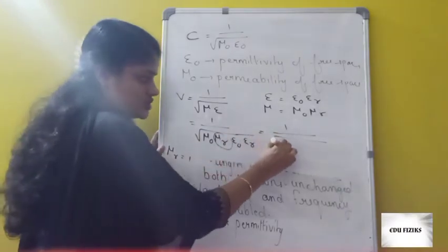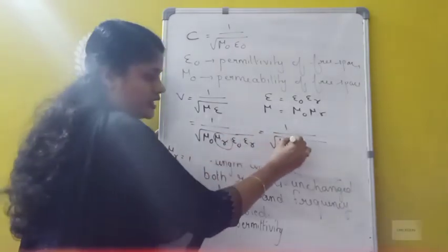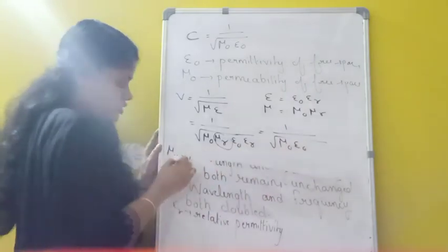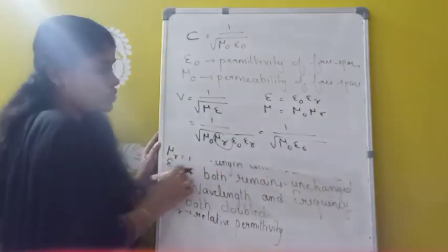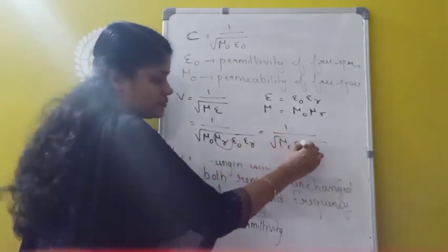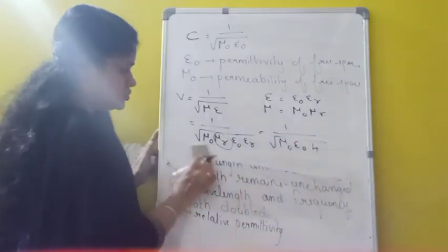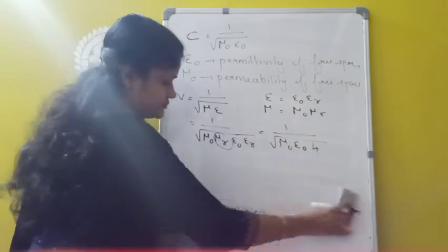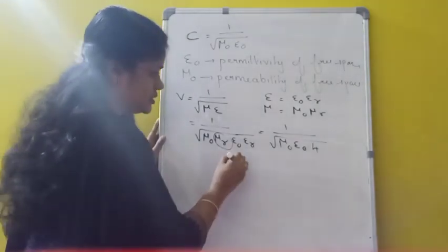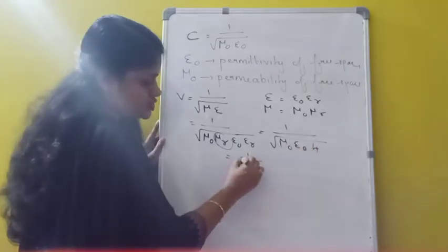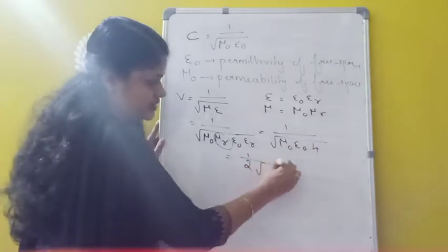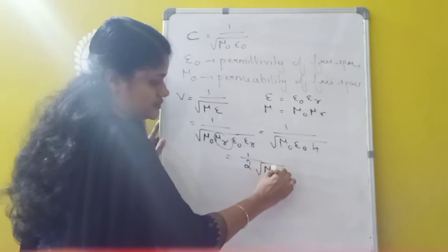Remaining I am writing mu 0 into epsilon 0 into epsilon r. The relative permittivity is given in the problem as 4. So I am writing 4. That is equivalent to 1 by root 4. What is root 4? 2. So 1 by 2, and the remaining we have root of mu 0 epsilon 0.